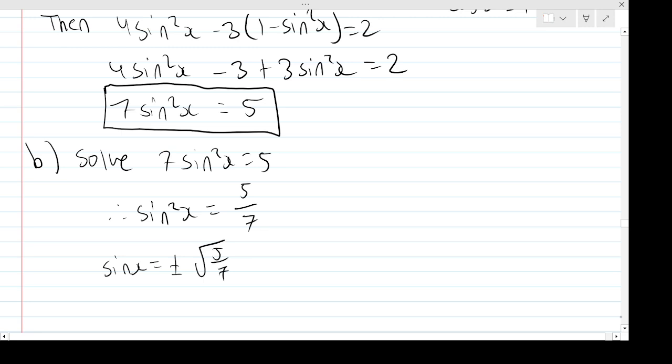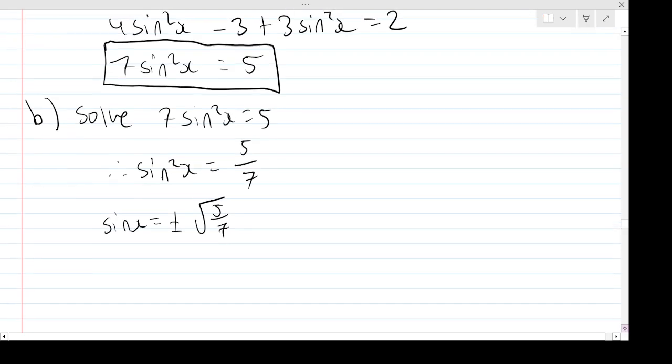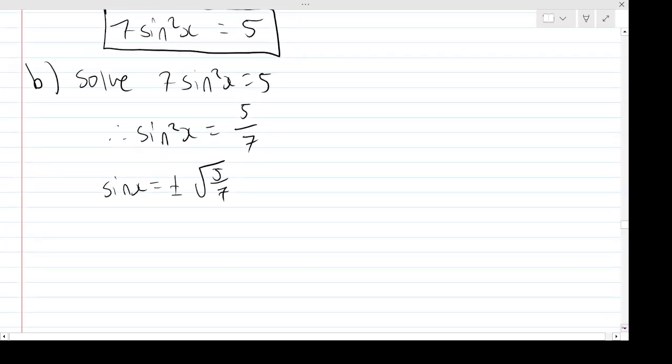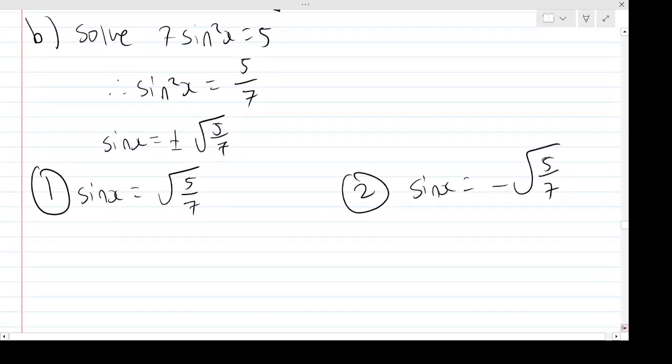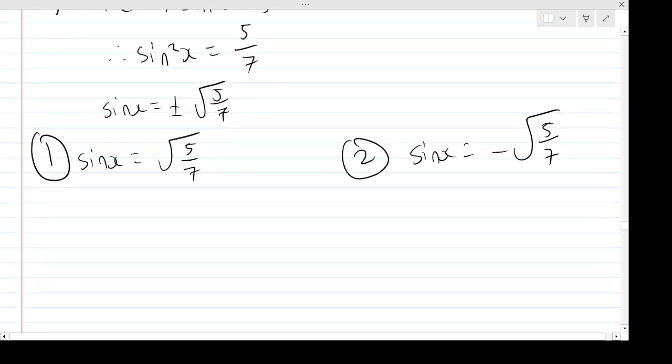So that leads me to two possible different equations to solve. Firstly, sine x is positive root 5 over 7. And secondly, sine x is negative root 5 over 7. Okay, so let's solve this one first.